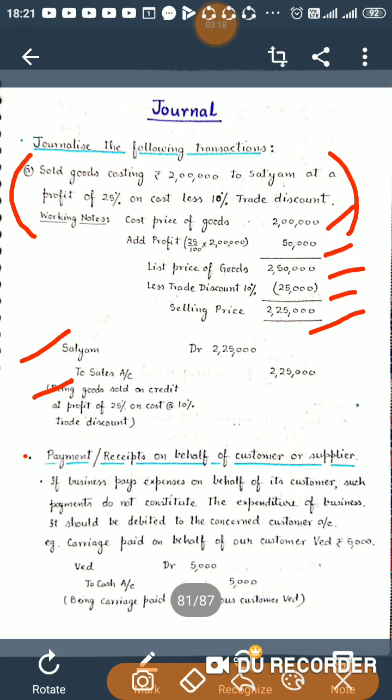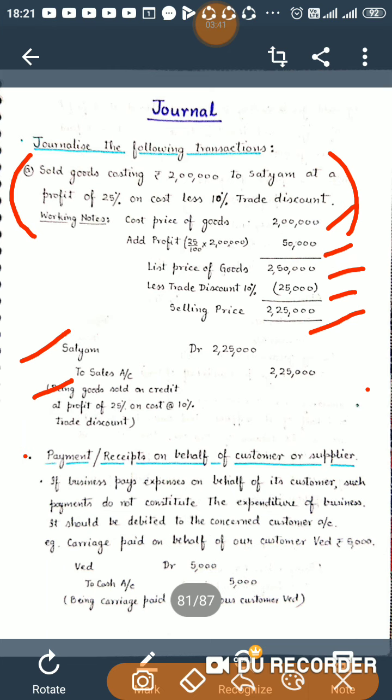That carriage which you have paid on behalf of the customer is not an expense of your business. Your cash is going out, that's okay, but that shouldn't be shown as an expense for you. This is an expense of the customer, so it should be added to the customer account.